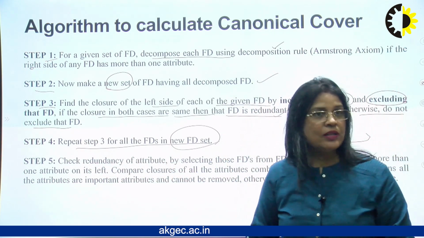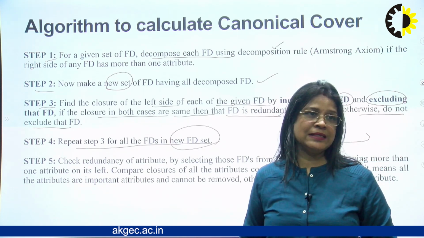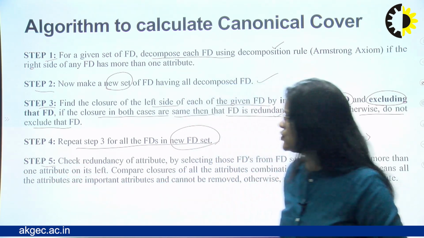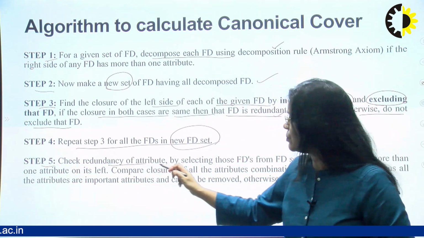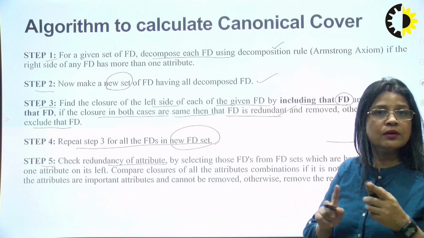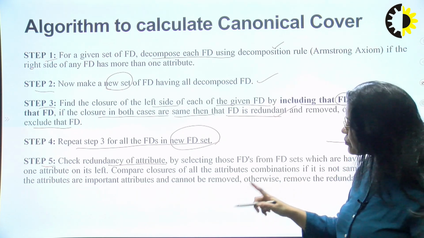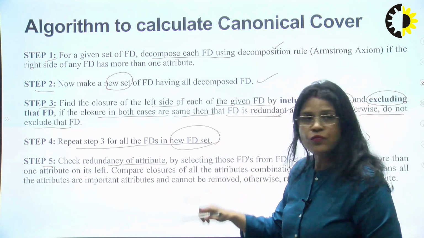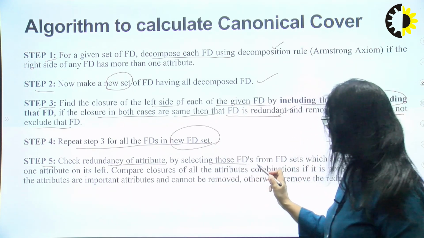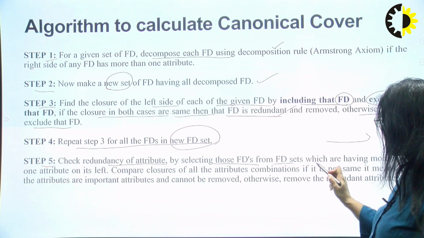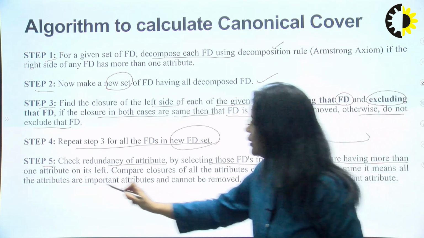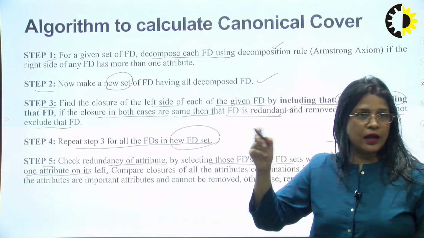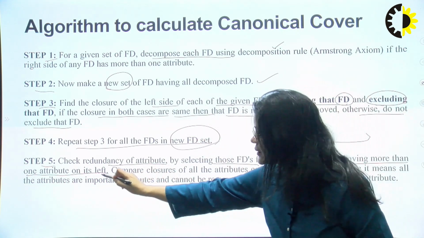Once we have done this for all the functional dependencies, we need to check the redundancy of attributes on the side of each functional dependency. We do this by selecting those functional dependencies which have more than one attribute on the left. I said right, but it is left basically.